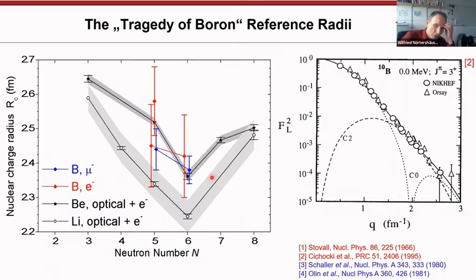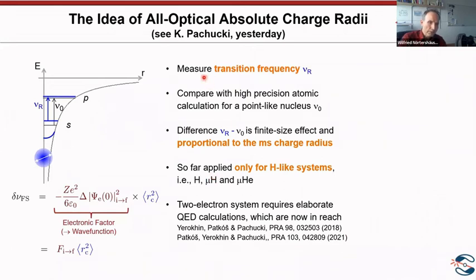But this has to be clarified, and therefore we need a different approach. And this approach has actually been presented already yesterday by Christoph Pachutzky. The idea is to look at helium-like systems, and he detailed this very carefully yesterday and presented calculations on the neutral helium itself.